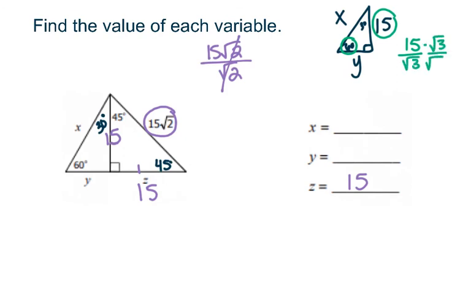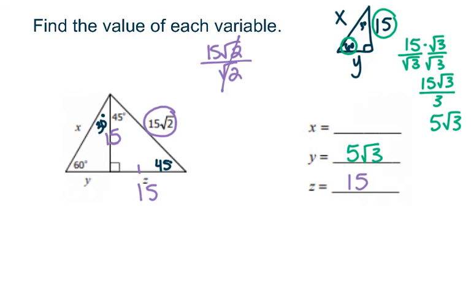Can't have the square root of 3 on the bottom, so I multiply the top and bottom by square root of 3. I get 15 square root of 3 over 3. 15 divided by 3 reduces to 5 square roots of 3. Okay, so y is 5 square roots of 3.